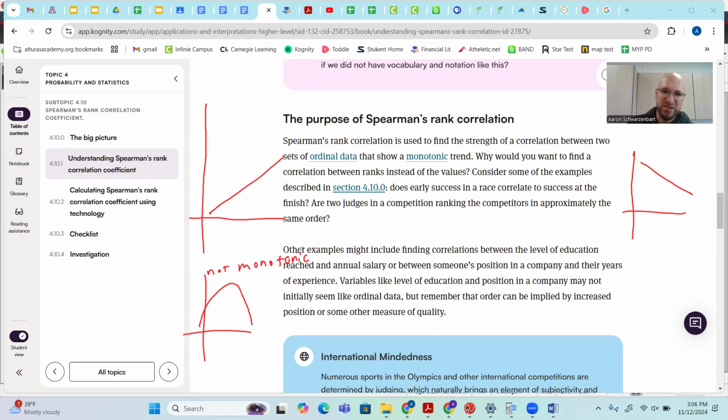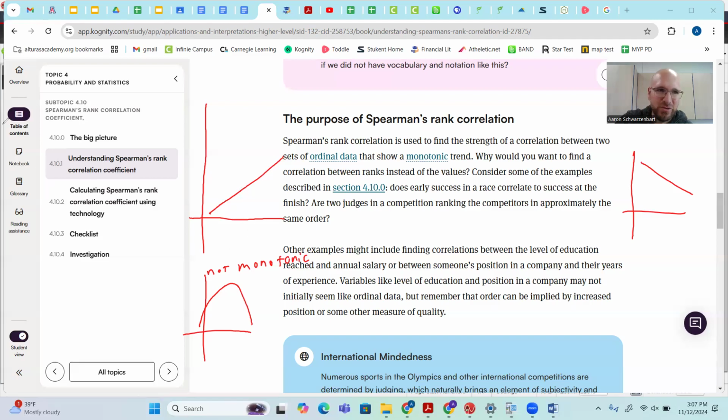Other examples might include finding correlations between level of education reached and annual salary, or between someone's position in a company and their years of experience. Variables like level of education and position in a company may not seem like ordinal data, but remember that the order can be implied by increased position or some other measure of quality.